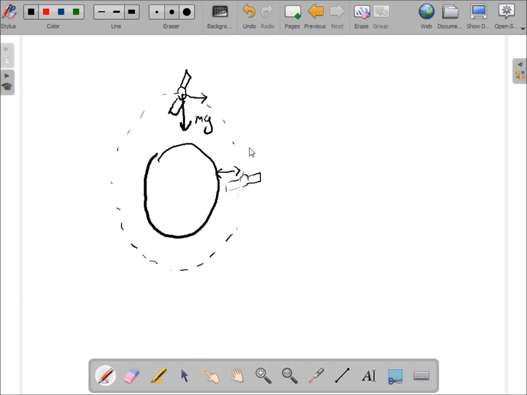So no work is actually done. There's no energy transferred to the satellite. It keeps all the kinetic energy it had before and carries on in orbit. So we have to be careful. In this case, the work done, well, we know the force is mg, but the distance was 0, so the work done on that is 0 joules.